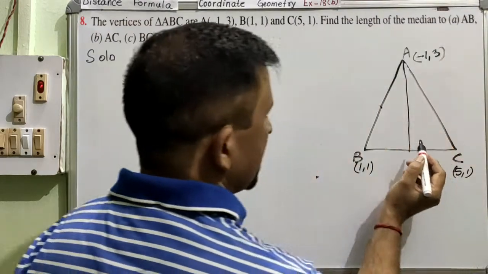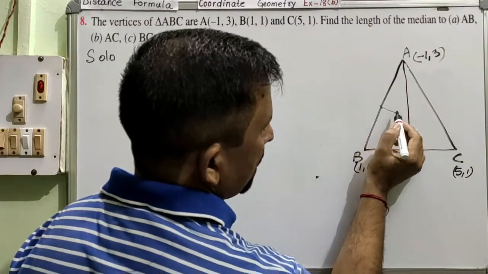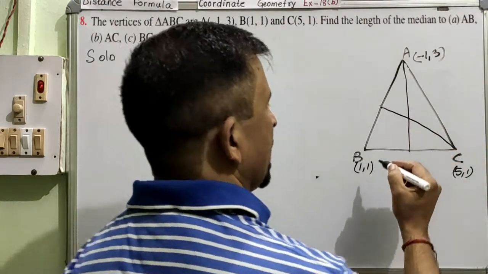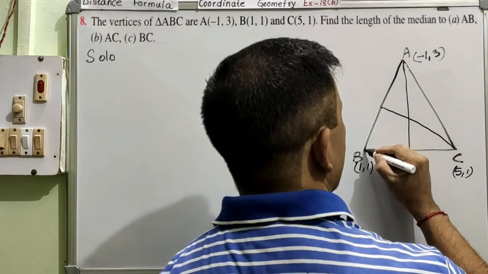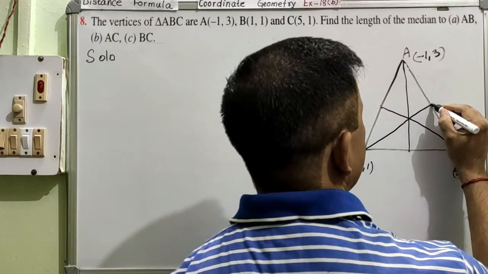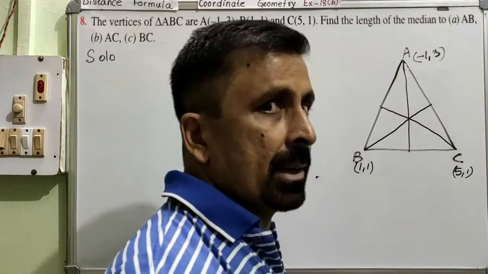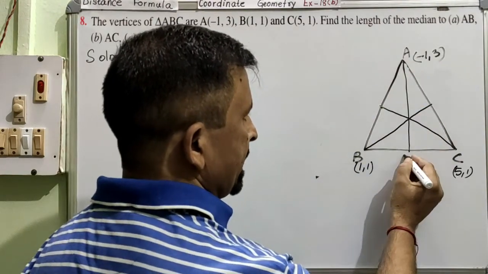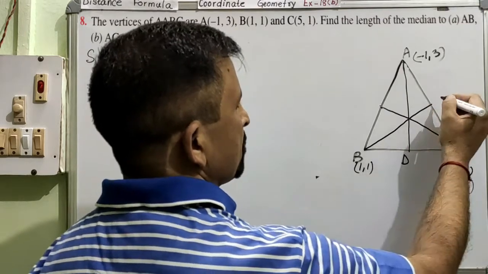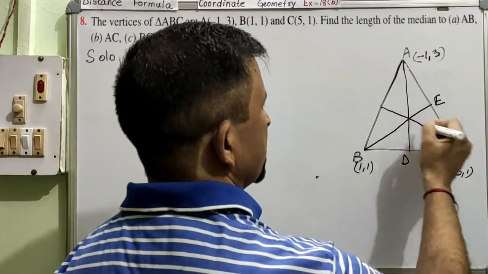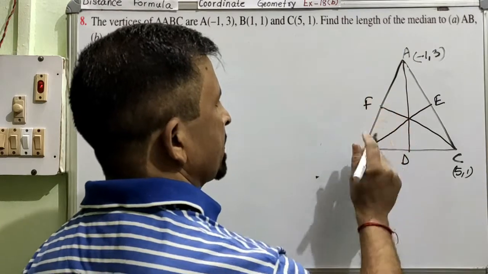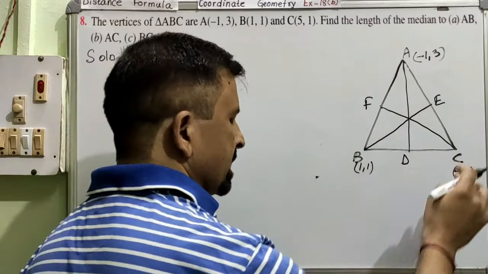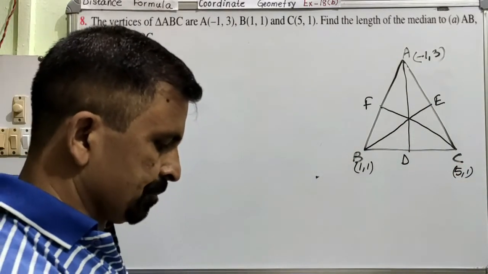And this midpoint is now connected with the opposite vertex, and this is another median. And likewise, the third median will obviously pass through this point of intersection. Okay? Now we have these three medians. Let us name them: this is AD, this is BE, and this is CF. Now we have the medians AD, BE, and CF. Am I very clear?